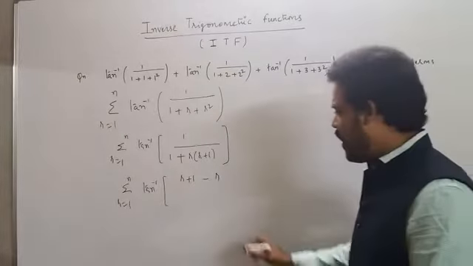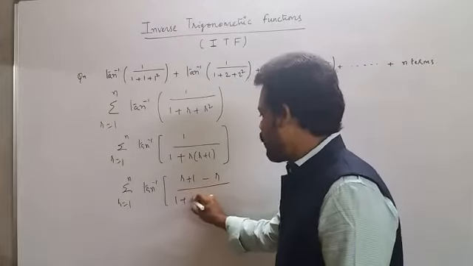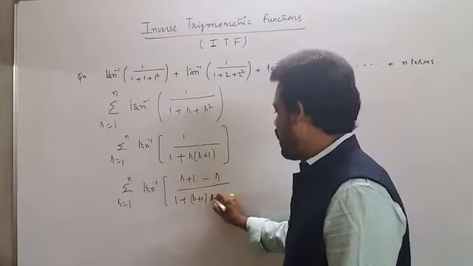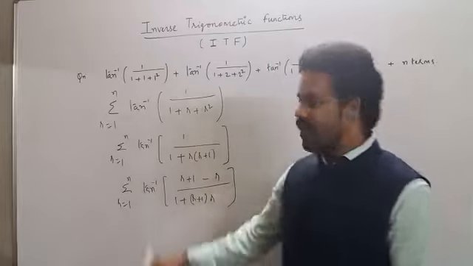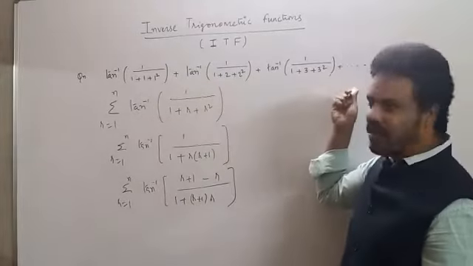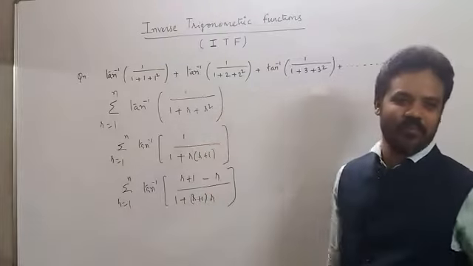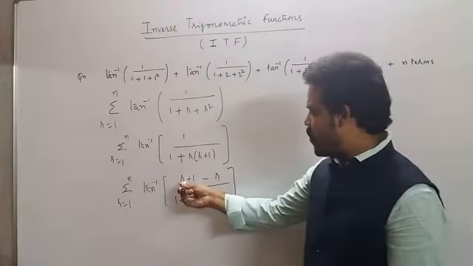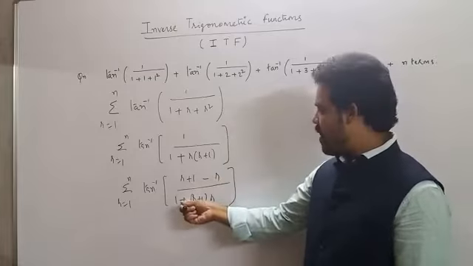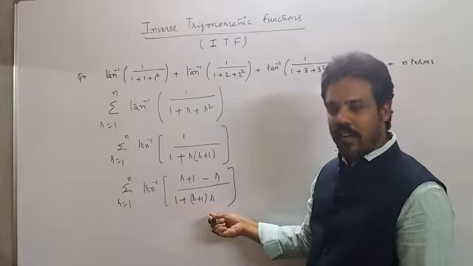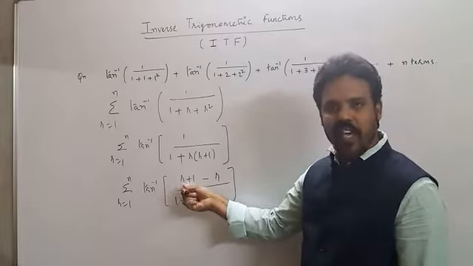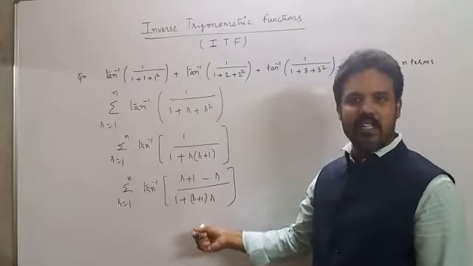Same denominator, 1 plus r plus 1 into r. You see, the total sum of the terms is expressed in terms of tan inverse of something: tan inverse of r plus 1 minus r by 1 plus r plus 1 into r. It is in the form of tan inverse of a minus b by 1 plus ab.